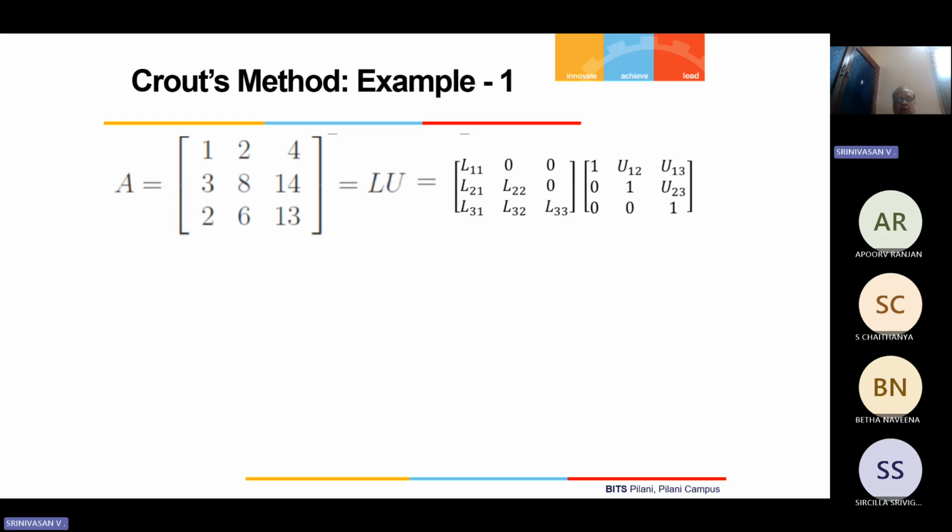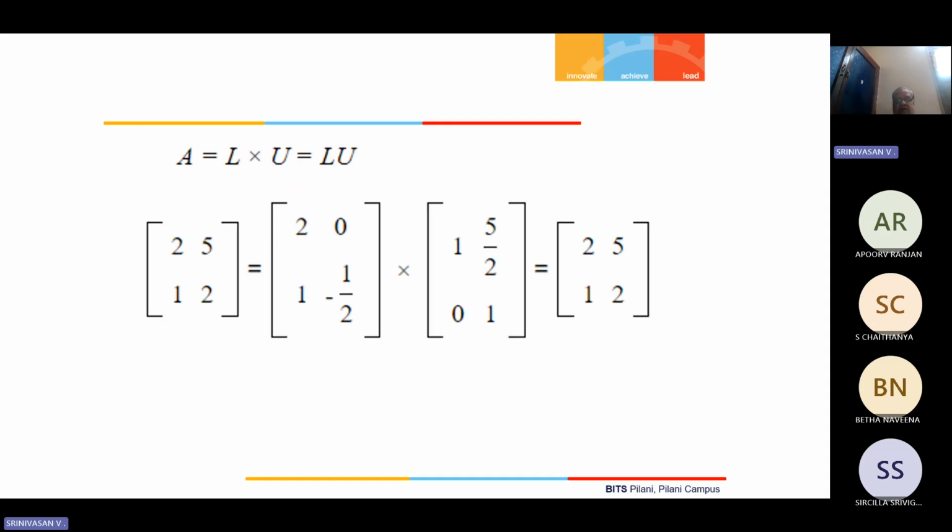We are going to decompose a given matrix A, of order 3 by 3, into two factors, L and U, of this fashion. This is example 1. Example 2 is to decompose A using Crout's method. It could not be written here, but anyway, I can just show you here.